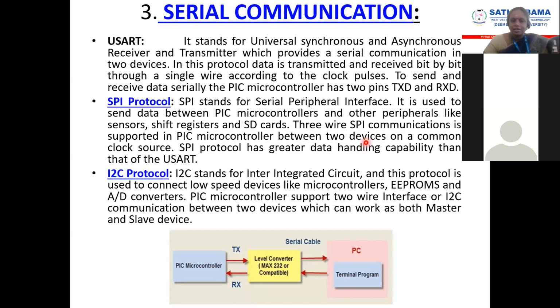Shanmuka, which protocol did we use in 8051 serial communication? Tell me.